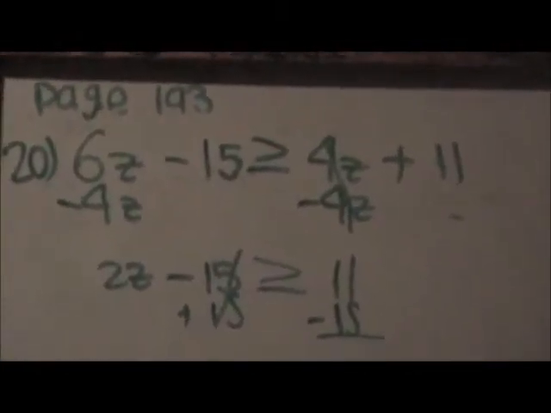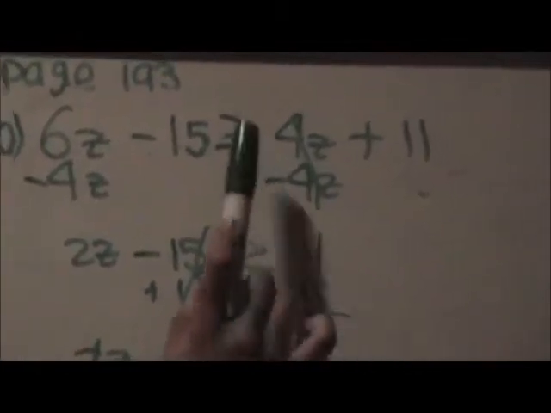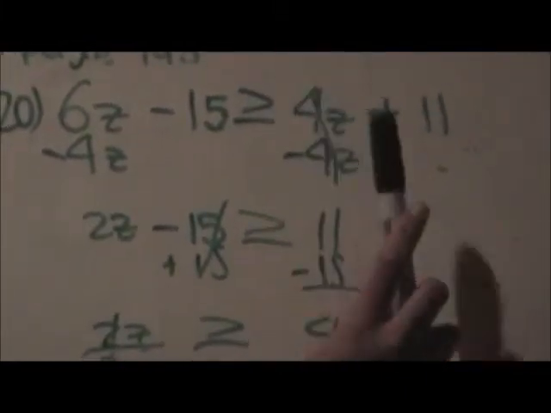So, the equation is 6z minus 15 is more than or equal to 4z plus 11. So, we are going to make a subtraction. There is minus 4. Oh, it's 6 minus 4.